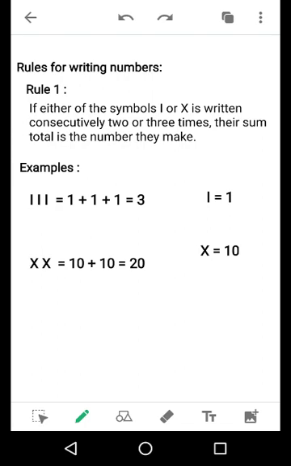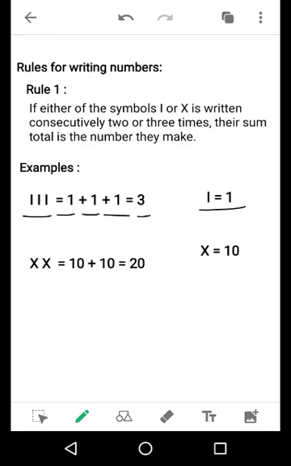To better understand, we see examples. See the first example. Here we see 3 times I. Here I is repeated one after the other 3 times. I represents 1, so each I represents 1. The value of each I will be added, that is 1 plus 1 plus 1 equals 3.